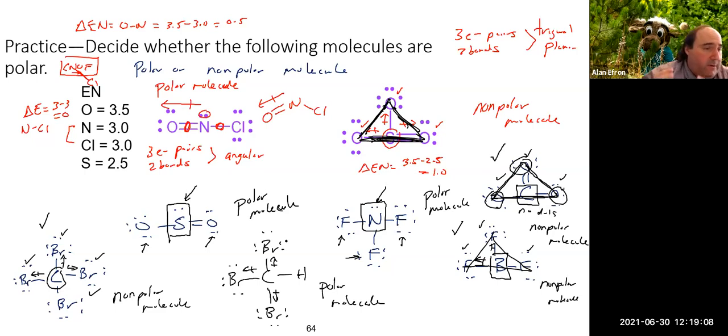Is the overall molecule polar or nonpolar based on all the bonds that are present and the shape of the molecule? Again, the easiest one to determine in terms of molecular polarity is our diatomic molecules, because there's only one bond, which means if that bond is polar, the molecule is polar, and if that bond is nonpolar, the molecule is nonpolar. Any questions on molecular polarity?